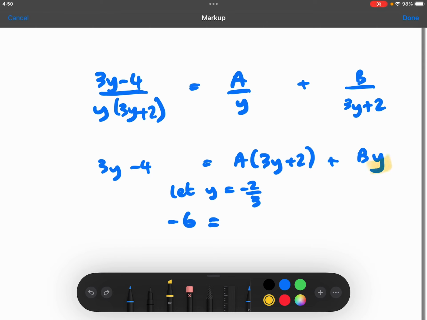So then we just have minus 2/3 times b. The negatives are going to cancel out. We'll times both sides by 3 and divide by 2. So the b is 9.